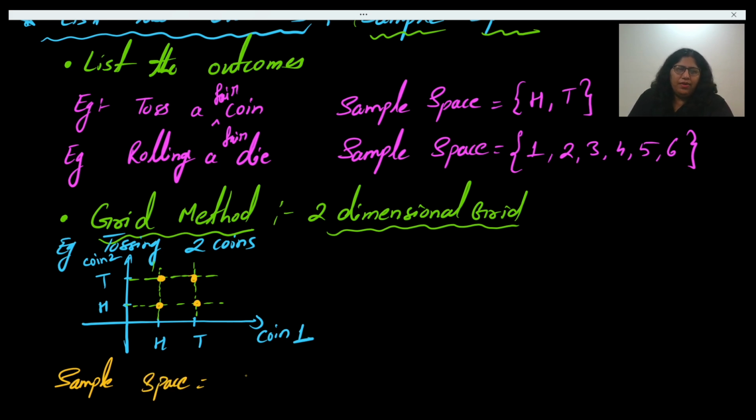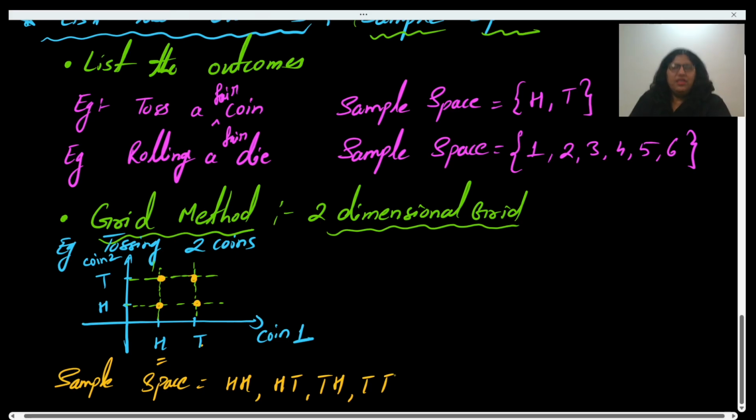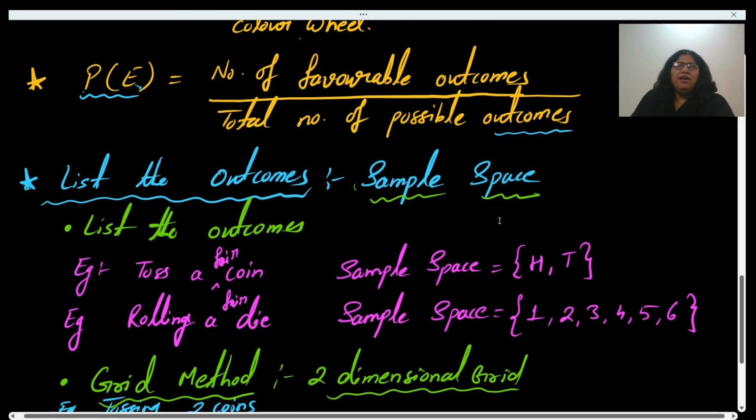It is going to be heads heads, then heads tails, so we always take row and then height. Then at the second place it's tails heads, and then tails tails. If I'm listing them here, there are 4 possible outcomes. So the total number of possible outcomes is represented in the sample space.